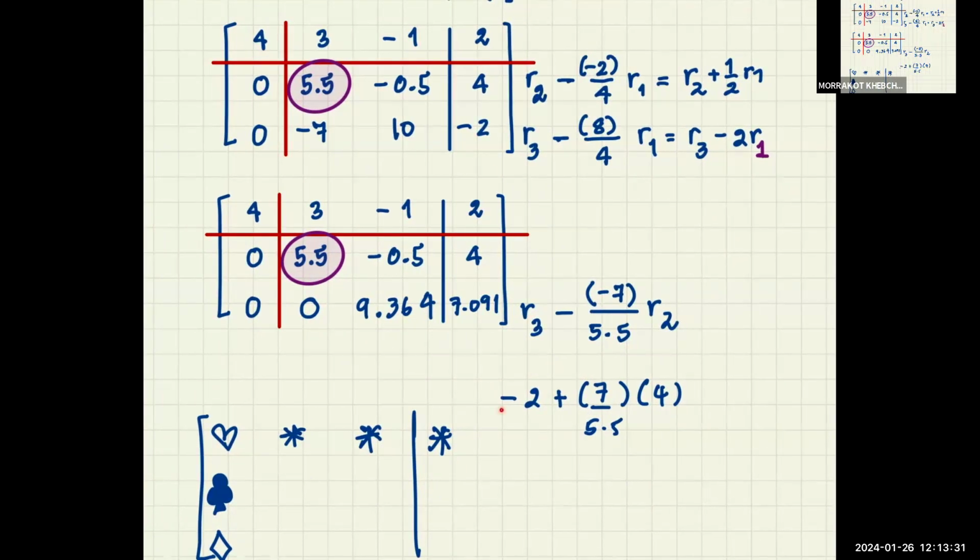So it's -2 plus 7 divided by 5.5 times 4. Am I getting it right? I got 7.0909.